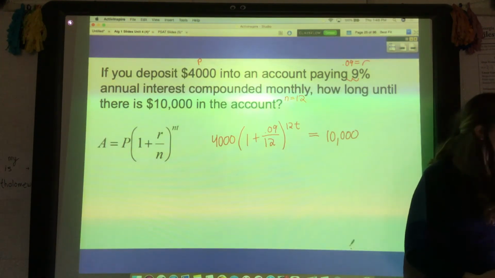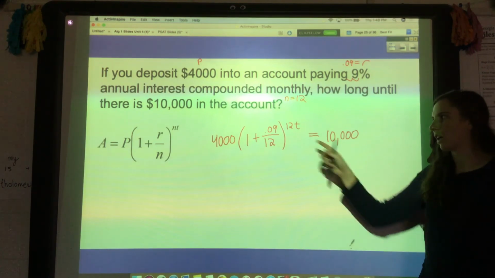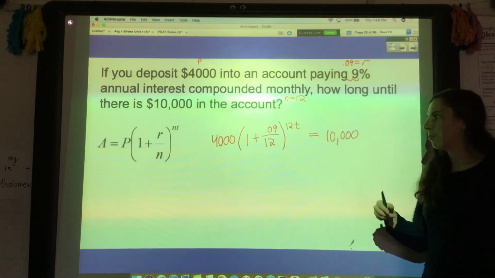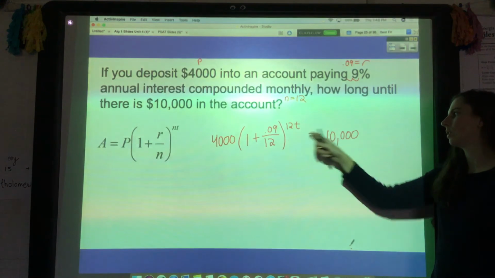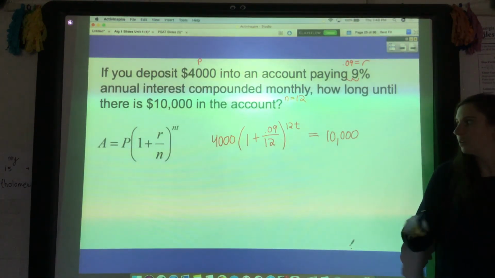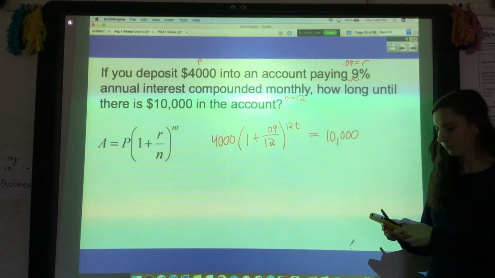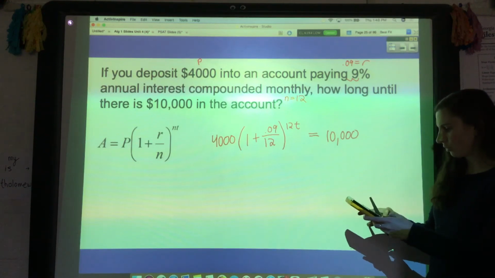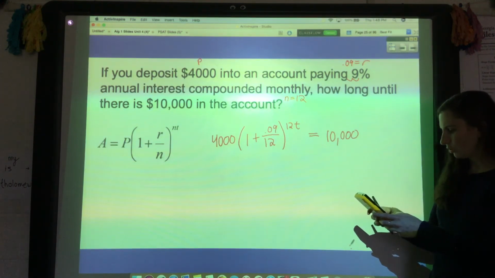You have a few different options to figure this out. One way is to use something we haven't talked about yet called a logarithm to solve this. But you could honestly just guess and check some values for t and see which of those will give you 10,000. Or you could put this in your calculator in y equals and then go look at the table and see when you get to 10,000. That's what I'm going to do. So I'm going to go 4,000 times 1 plus 0.09 divided by 12 to the 12x power.